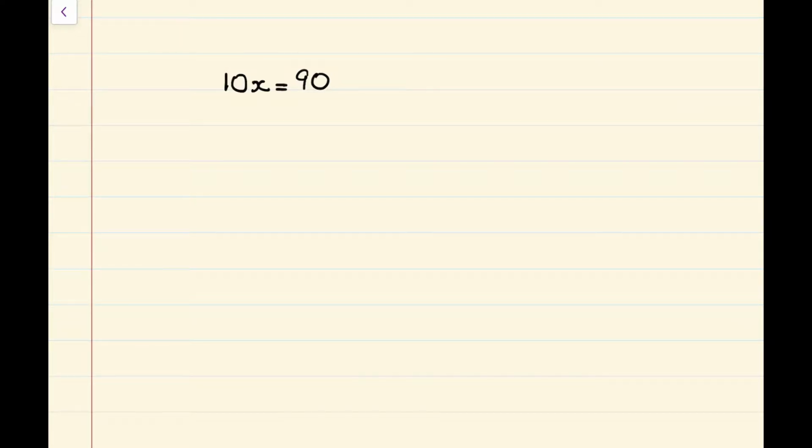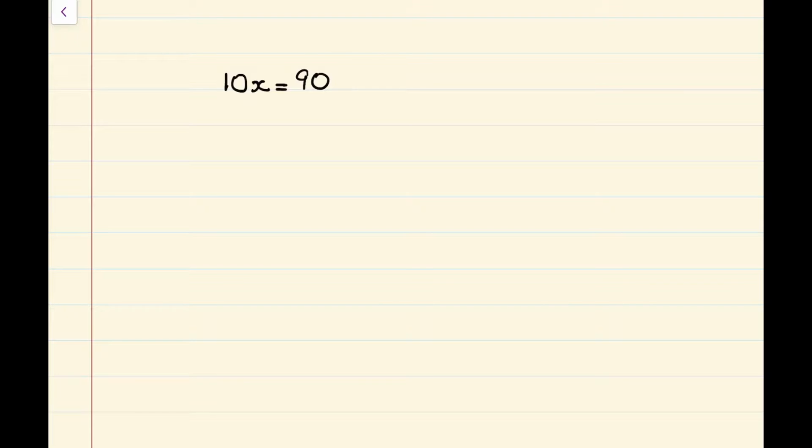Now, remember what we mentioned before. Once we want to take a number, or anything really, over the equal sign, we would have to perform the opposite operation. Because we know that the 10 is being multiplied to the x, and that the opposite of multiplication is division, what we would have to do is divide by whatever we want to get rid of, so that we could just be left with the x.